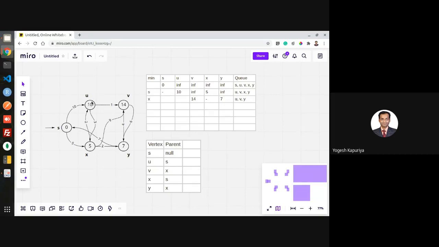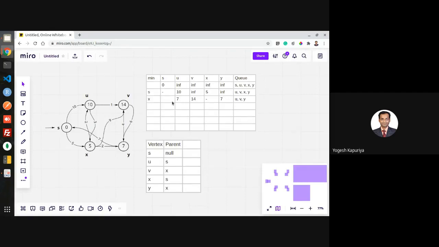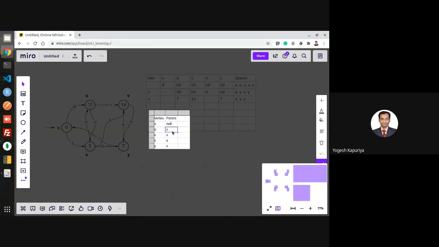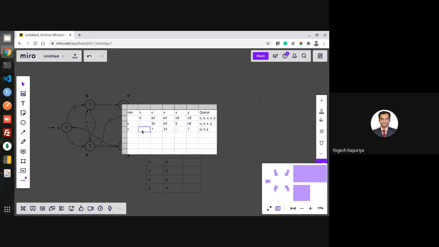The current weight of U is 10, so it will be updated because 7 is less than 10, so this will be updated to 7. Because we have changed the value of U, the parent of U will be changed to X, and similarly this will be changed to 7. So this is the scenario after the second iteration.